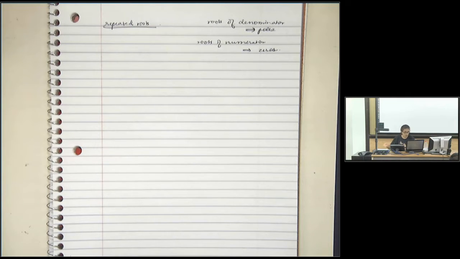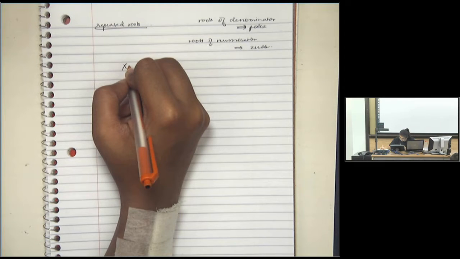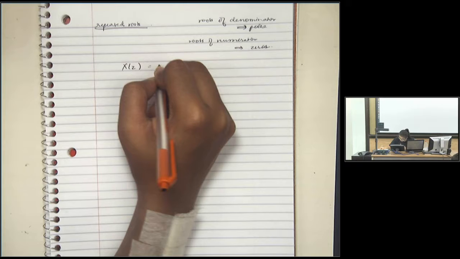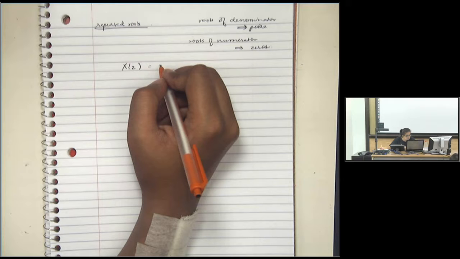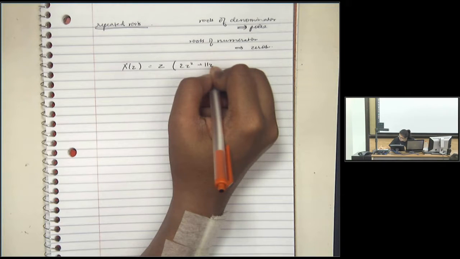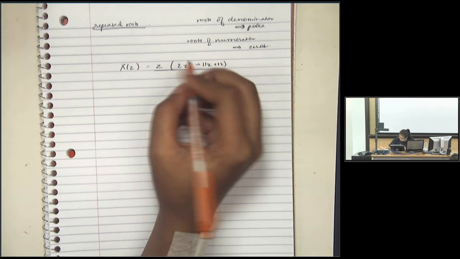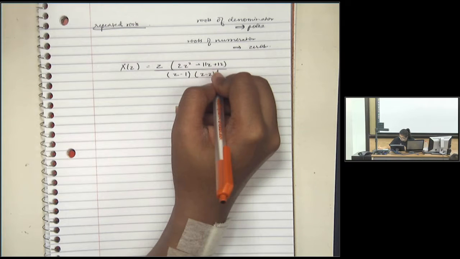Okay. Now let's do an example for this. So X of z is given to be z times 2z squared minus 11z plus 12 over z minus 1, z minus 2 cubed.